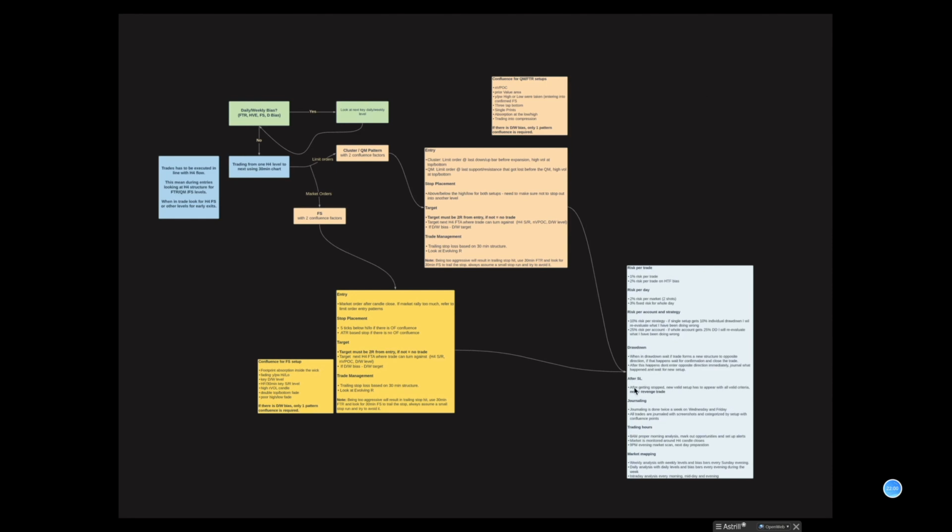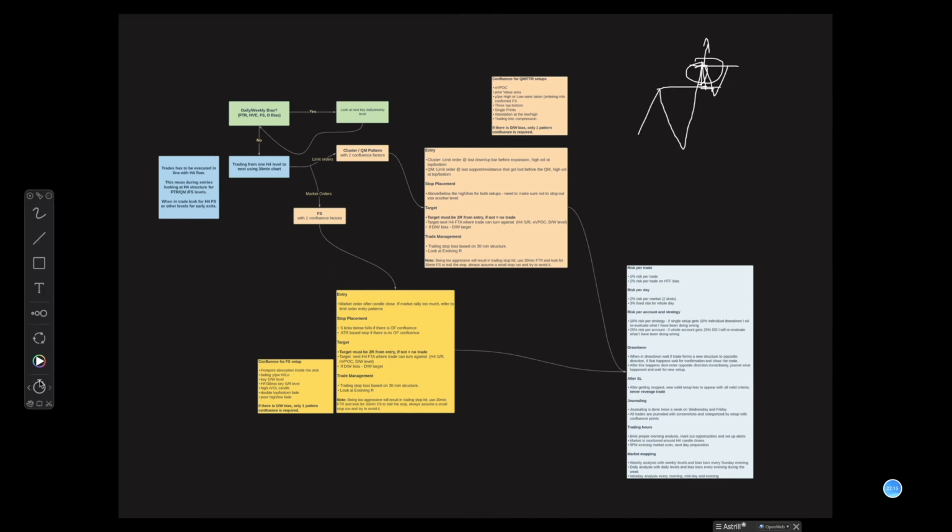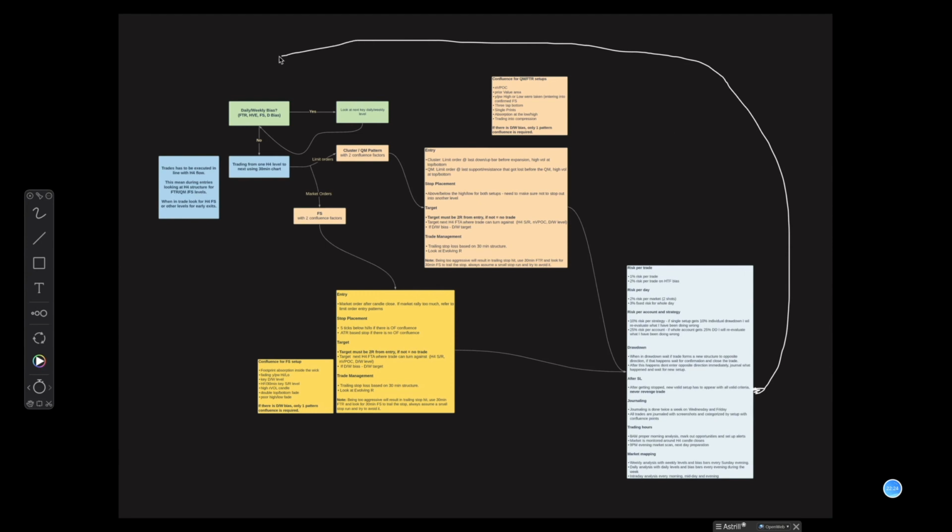After a stop loss, after getting stopped, a new valid setup has to appear with valid criteria. After you get stopped out, you should never revenge trade. You should go back right here. If your stop gets hit, you are not immediately looking for the next trade, but you are taking this whole road back to here.